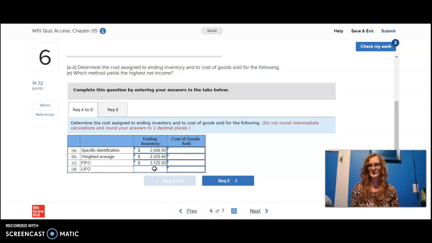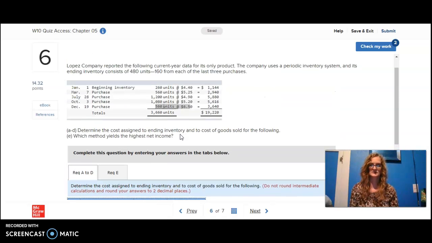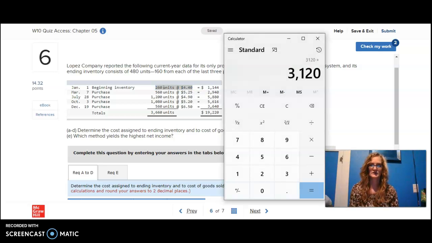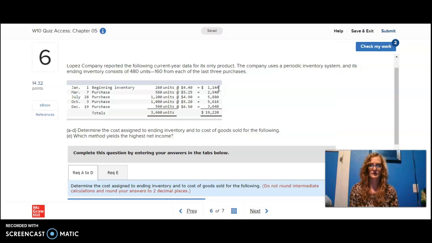And then LIFO assumes that the most recent purchases are sold first. So this is our most recent purchase, so that'll be sold first and on down the line until you get to the beginning inventory purchases. We need 480 units. So we'll take 260 of them at a price of $440, which is already added for us, so $11.44.